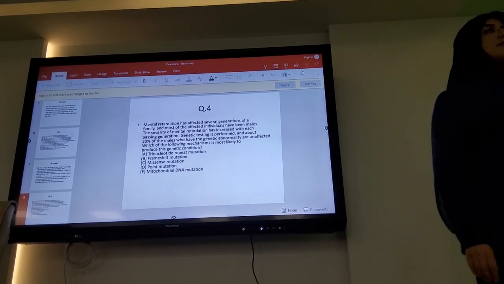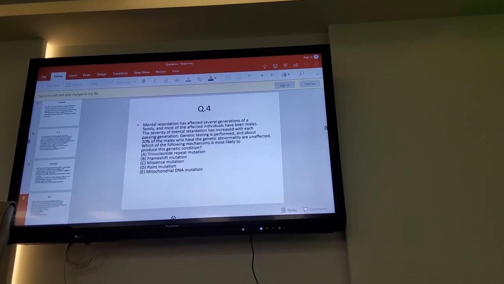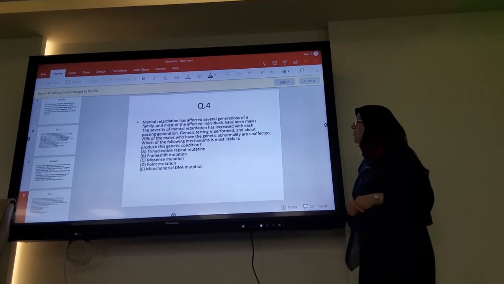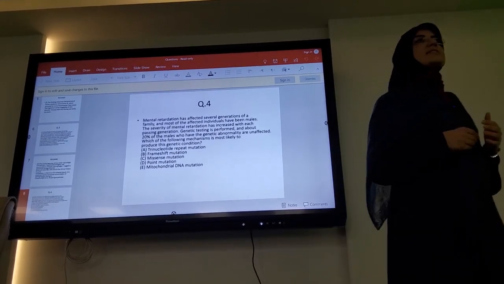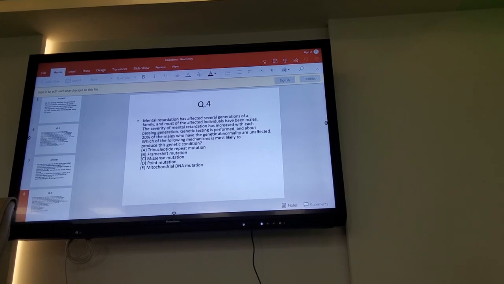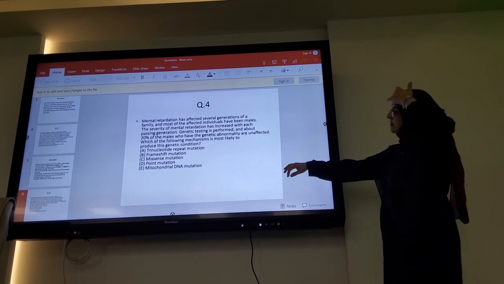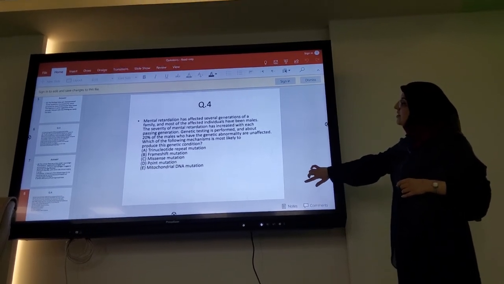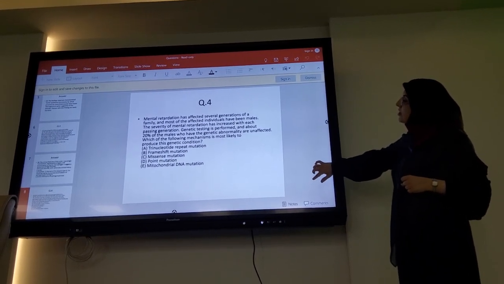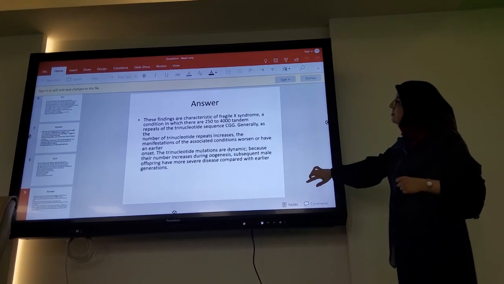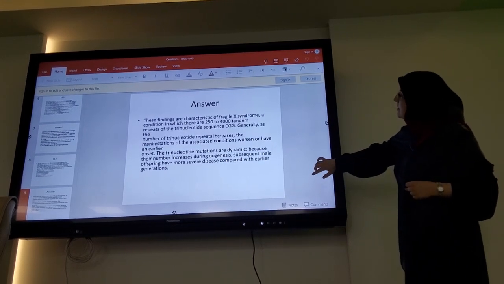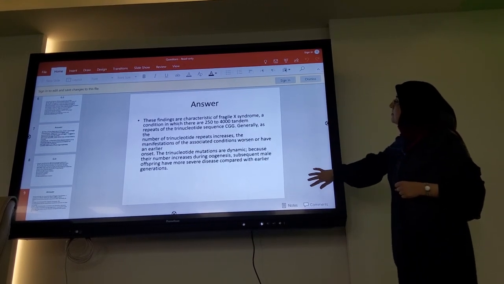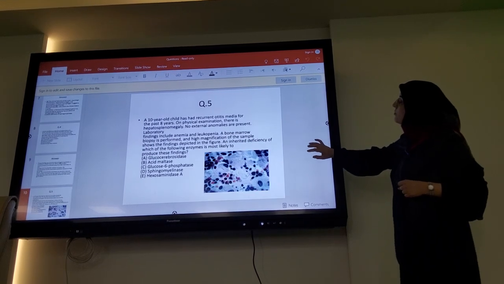A, fragile X, trinucleotide repeat mutation. The answer is A, yes. Fragile X syndrome.